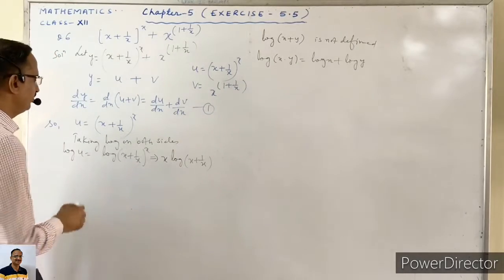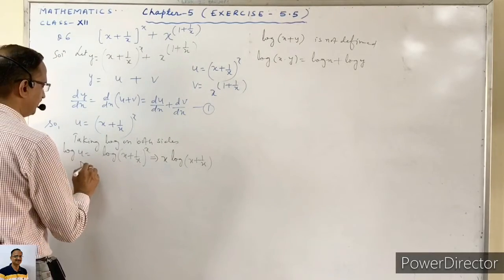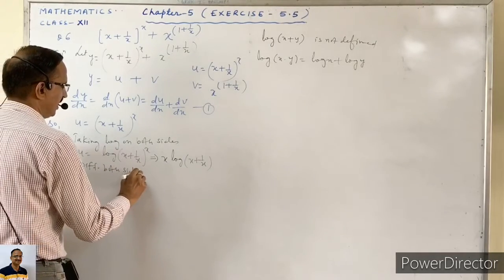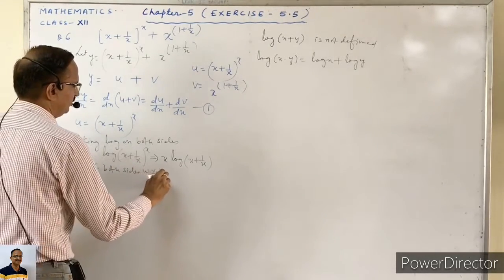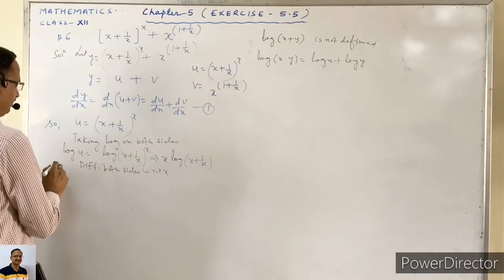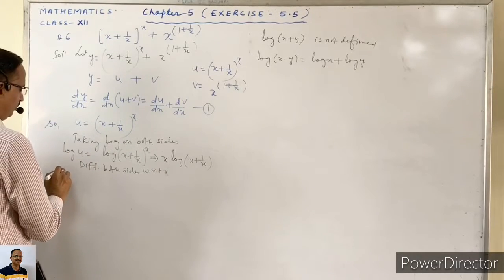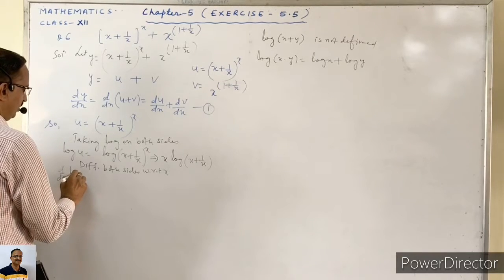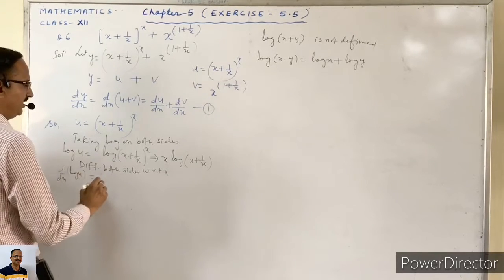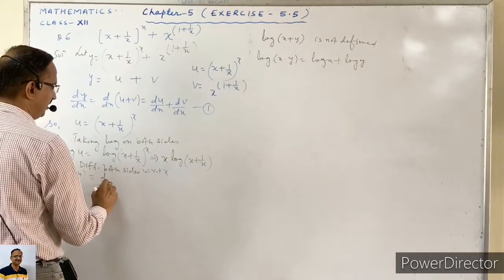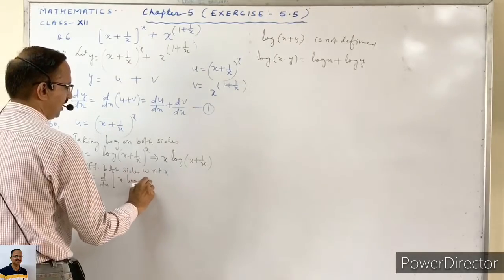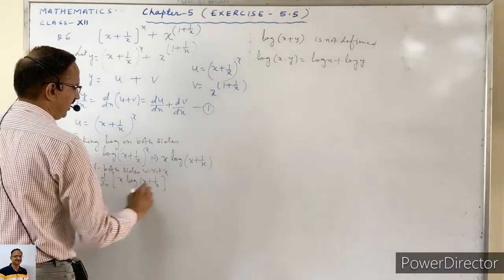Now differentiating both sides with respect to x, on the left hand side we have d/dx of log u, and on the right hand side we have d/dx of x log(x + 1/x).